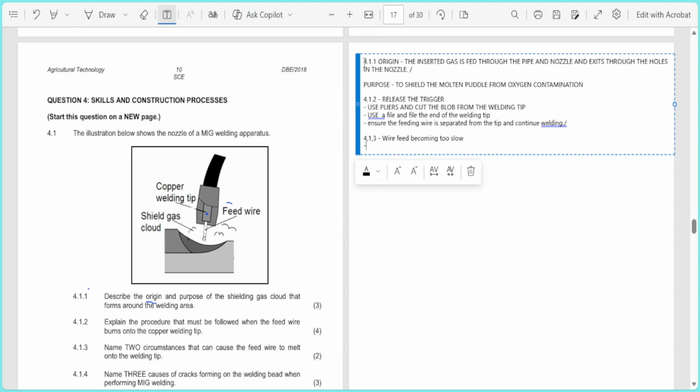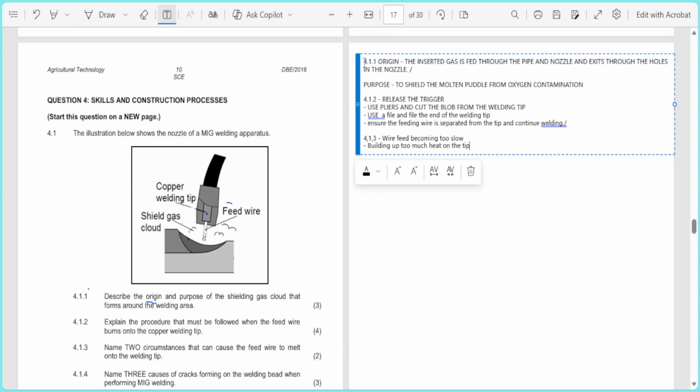That's point number 1. And then, like I mentioned, building up too much heat on the tip. They're only looking for 2, so I think this is sufficient.